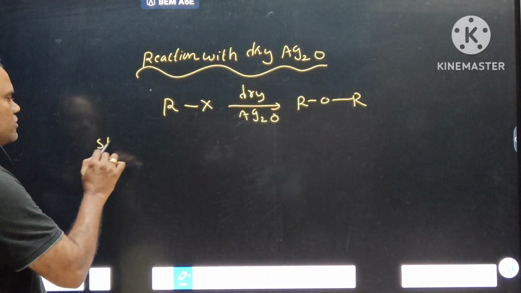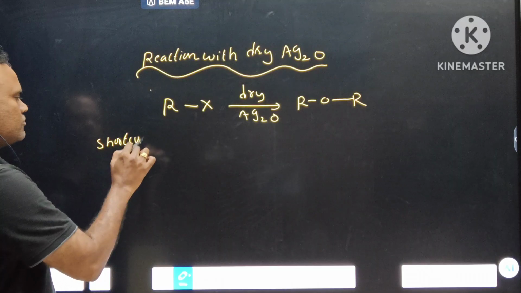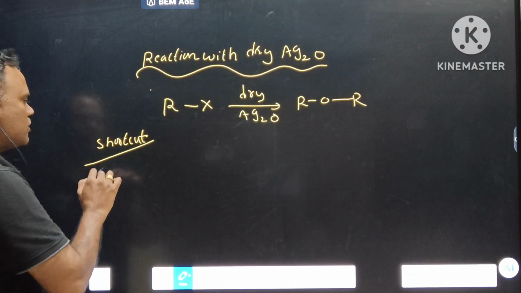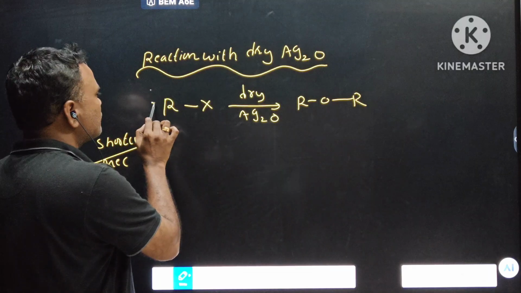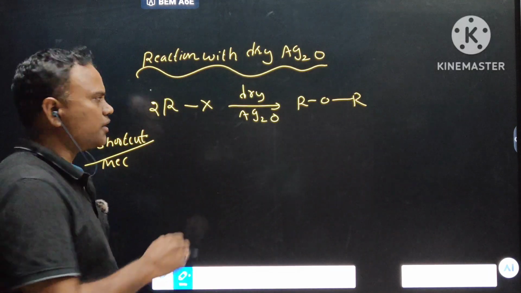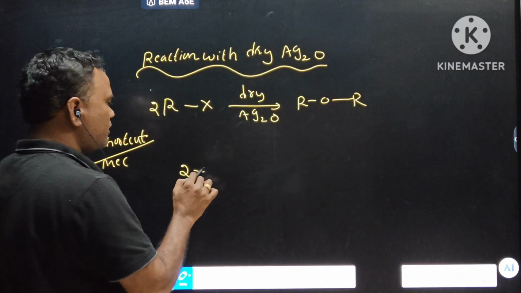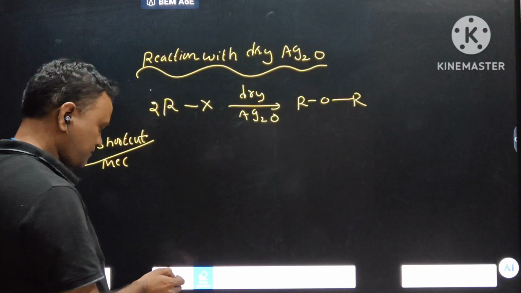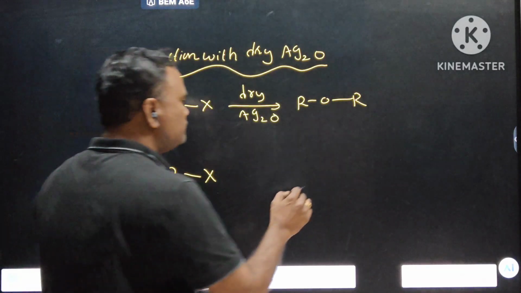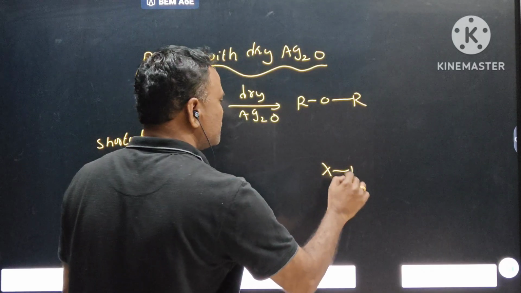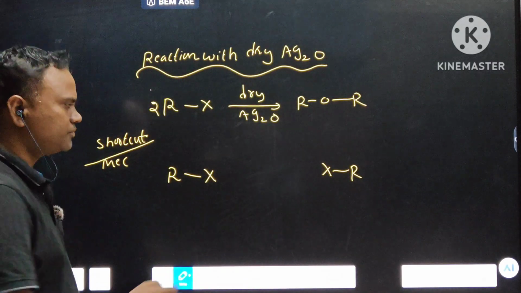See the shortcut mechanism. I'm taking two alkyl halides. RX, this is one alkyl halide, and this is another alkyl halide.